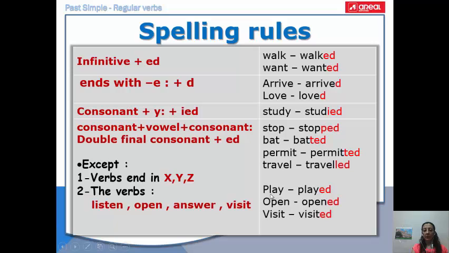The last three letters are CVC, but it ends in y, so we don't double the y. We put only ed. Also, open and visit become opened and visited. Okay, you have to study these spelling rules well.